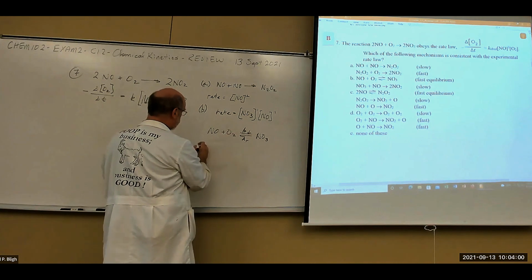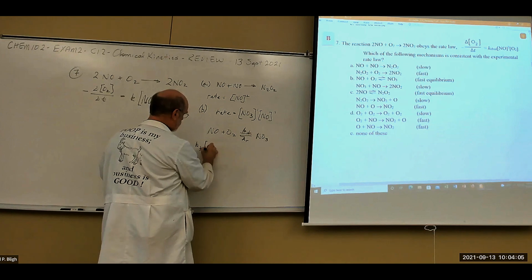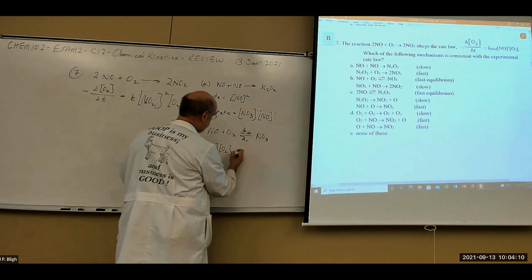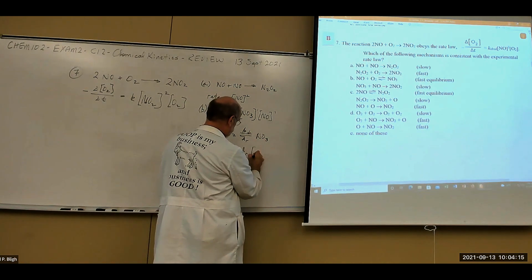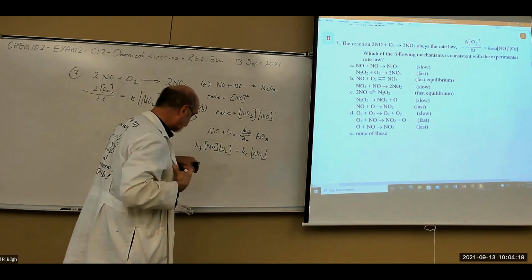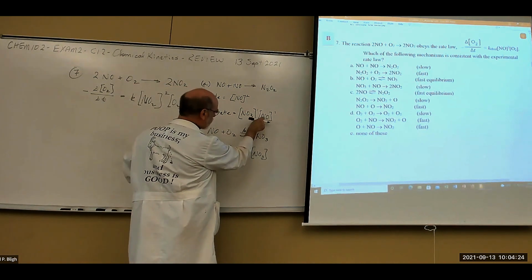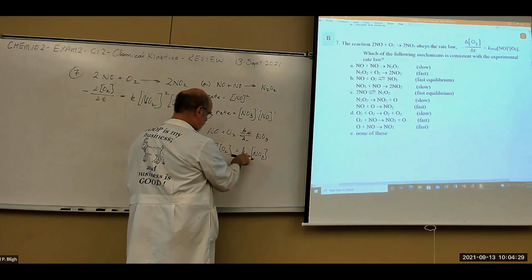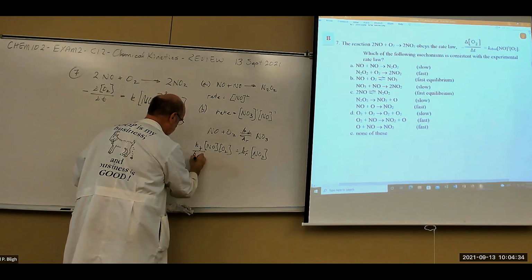So this one would be K forward NO O2 and K reverse times this one, NO3. There we go. Now, if we've got this term up here, we've got to get rid of this one, NO3. So we need to move this one over here.